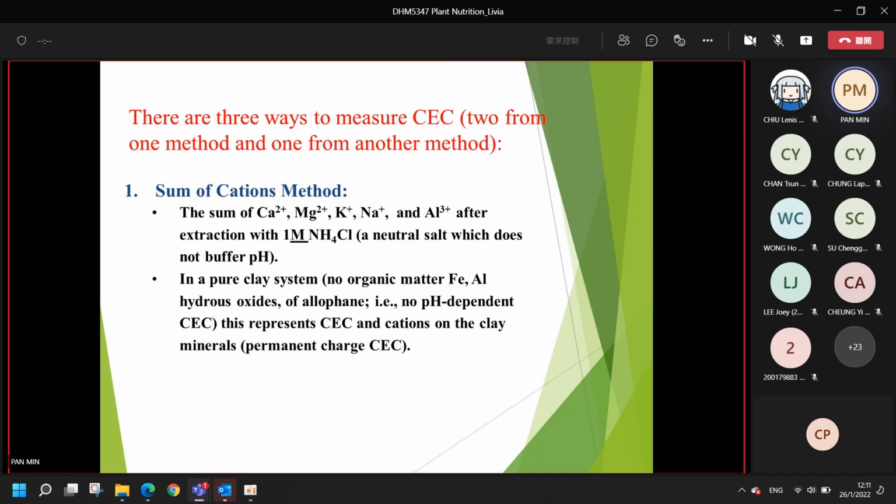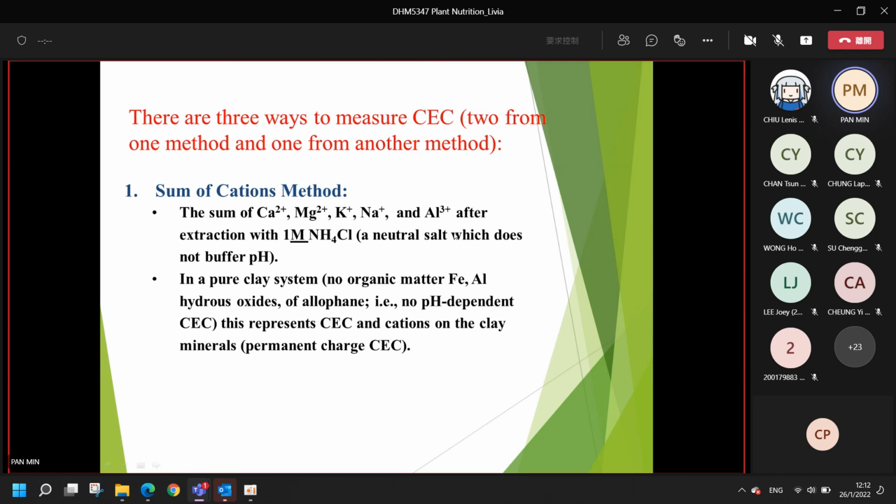You can measure the amount of calcium ion, magnesium ion, potassium ion, sodium ion, as well as aluminum ion after the extraction with ammonium chloride, a neutral salt which does not buffer the pH. More cations can be extracted by this solution.